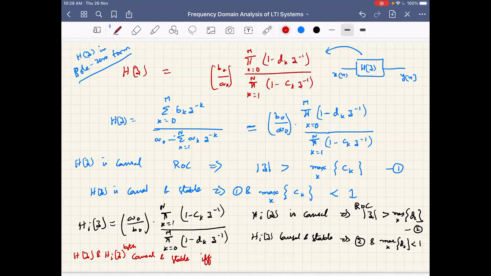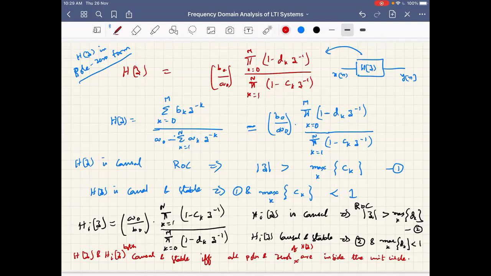So to complete the discussion, if and only if all the poles and zeros of H of z are inside the unit circle, and the ROC extends outside the outermost pole for H of z.